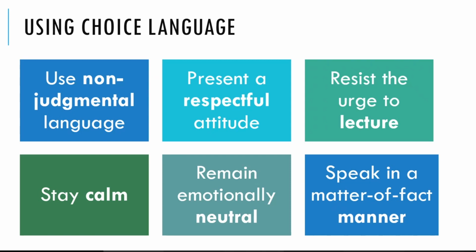Resist the urge to lecture. They're not willing to hear. They're already at a bad state now, so they don't want to hear a lecture. Stay calm. You have to remain emotionally neutral and speak in a matter of fact manner.